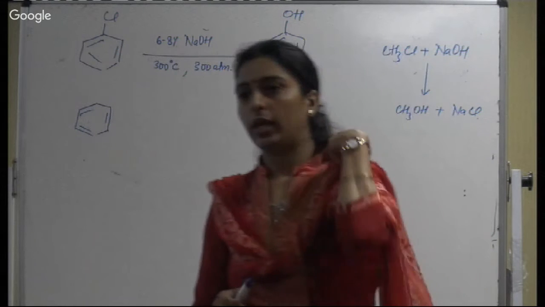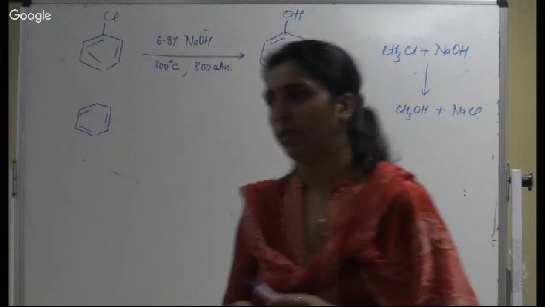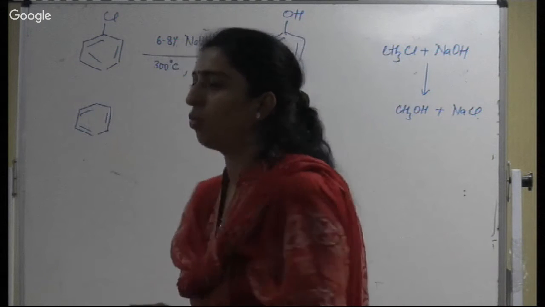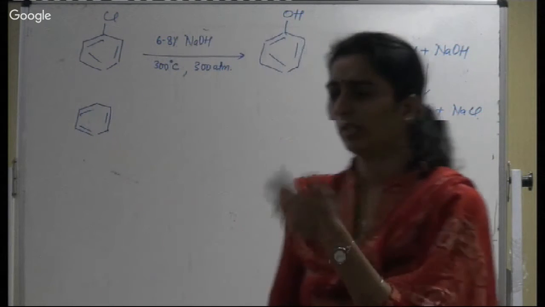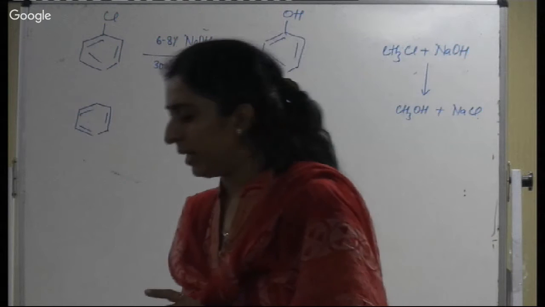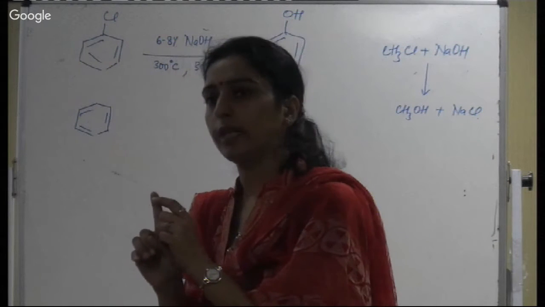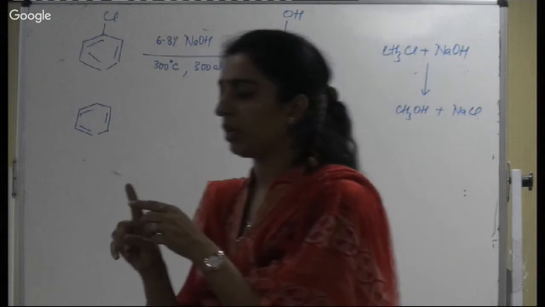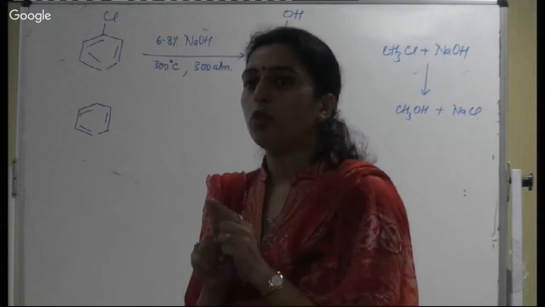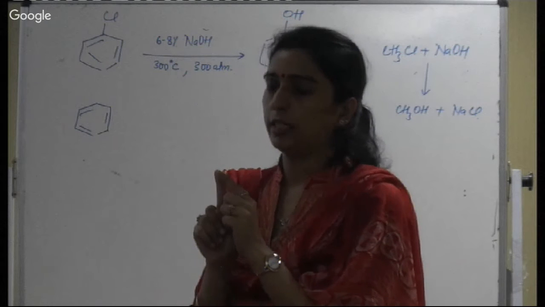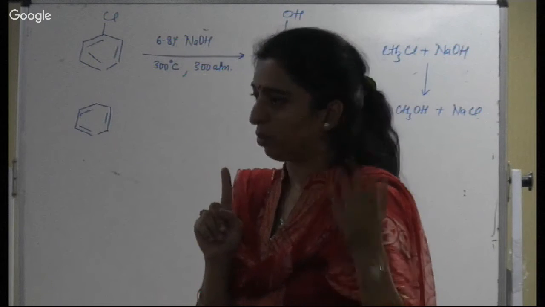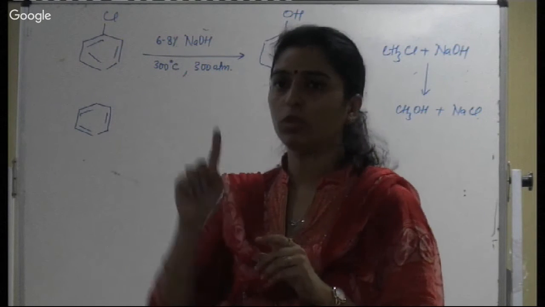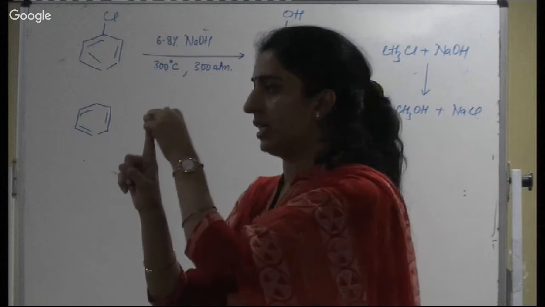Under certain conditions we can definitely get phenol and other products; I'll give you a few more examples. Let me tell you under what conditions you will get the substituted product. If you want to convert an aryl halide into some other product by nucleophilic substitution, the first thing is to give drastic conditions.